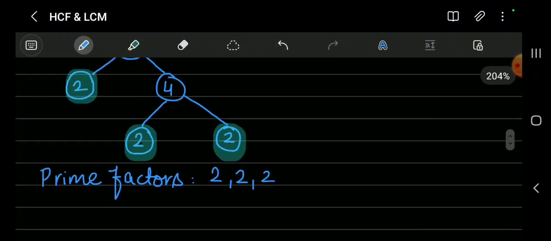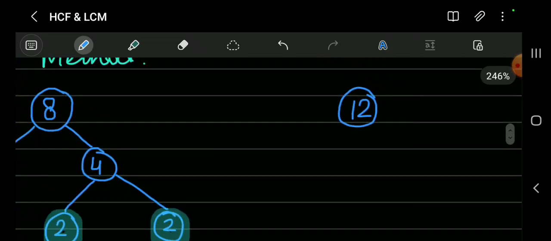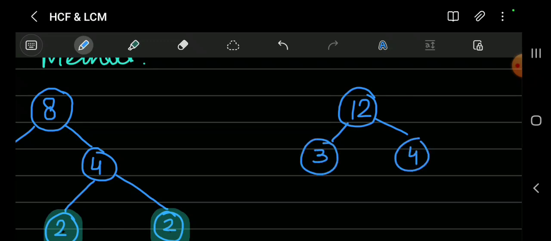Okay, now let's talk about the number 12. I told you, yes, you can do it. The pair of factors of 12 can be written as 3 and 4. So you can do this as well.